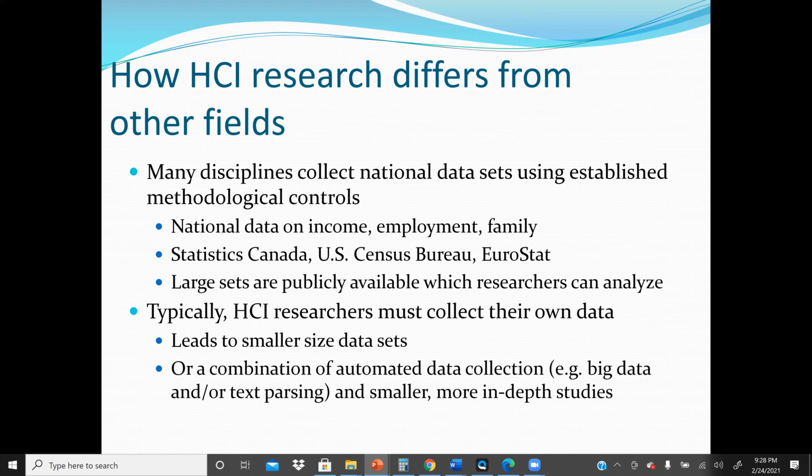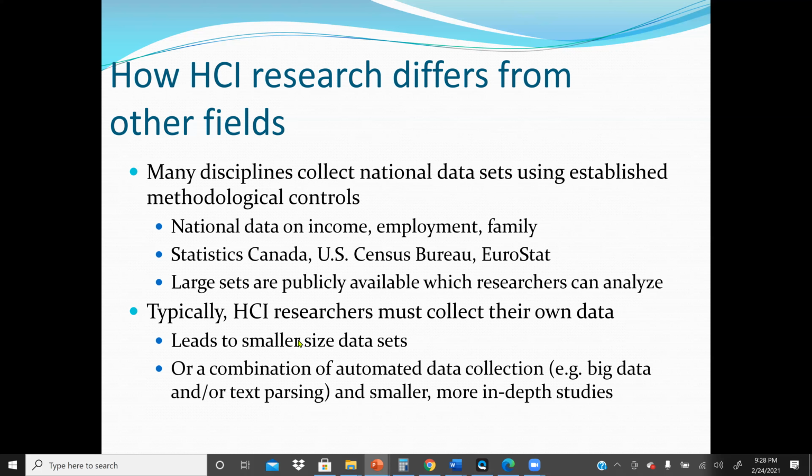We also have statistics from Canada, the US Census Bureau, Eurostat. Again, most of these disciplines collect a national data set to establish a concept or methodology. So large data sets are publicly available, which researchers can analyze.